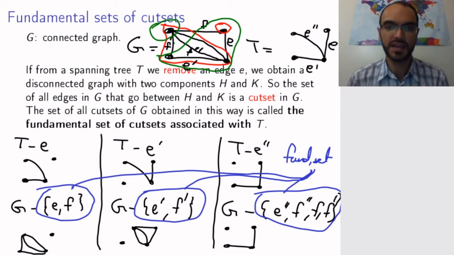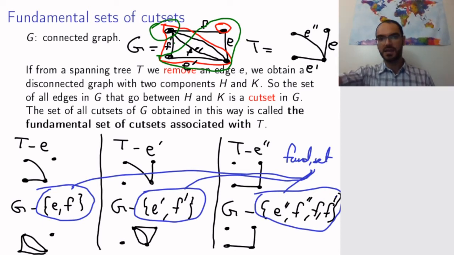So the philosophy here is that I take an edge away from the tree. This defines uniquely a subdivision of the tree into two components. And this in turn defines uniquely a cutset from G that I would have to remove to get the corresponding subdivision of G. So the edge defines the cutset.